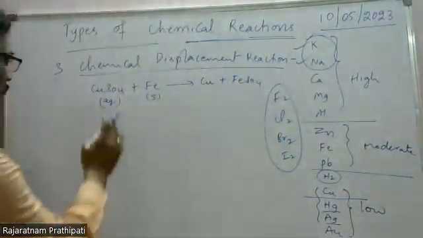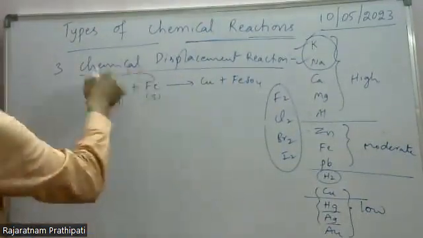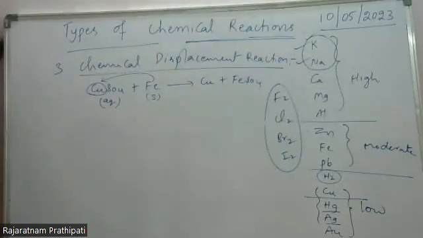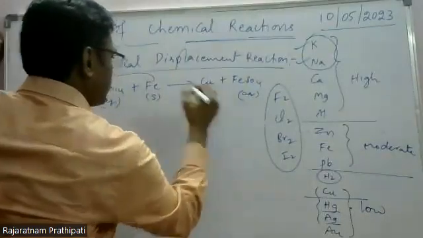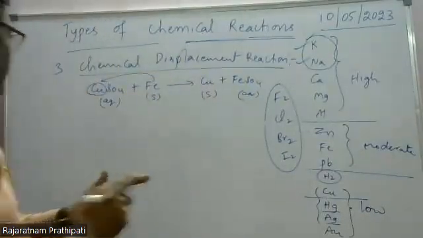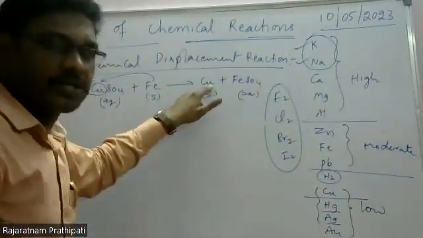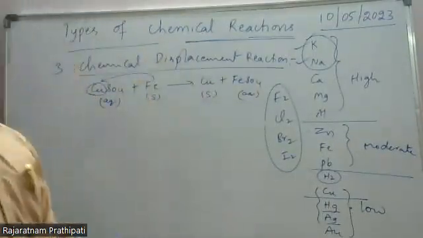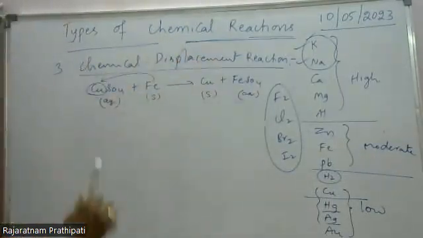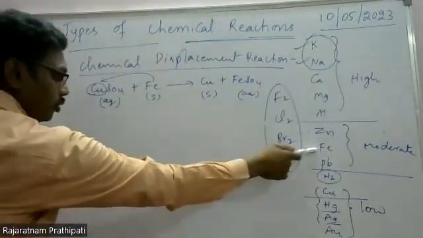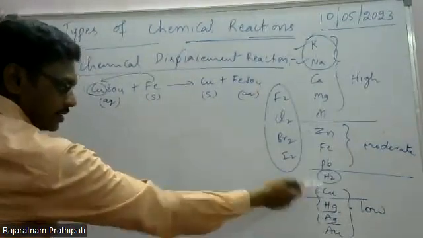Look at this, the position of the copper is displaced by iron. This is an aqueous solution and this is a solid. That means copper comes out from the solution and is deposited on the iron nails. So if you observe this chemical reaction, iron, the more reactive metal, can displace copper, which is the less reactive metal.